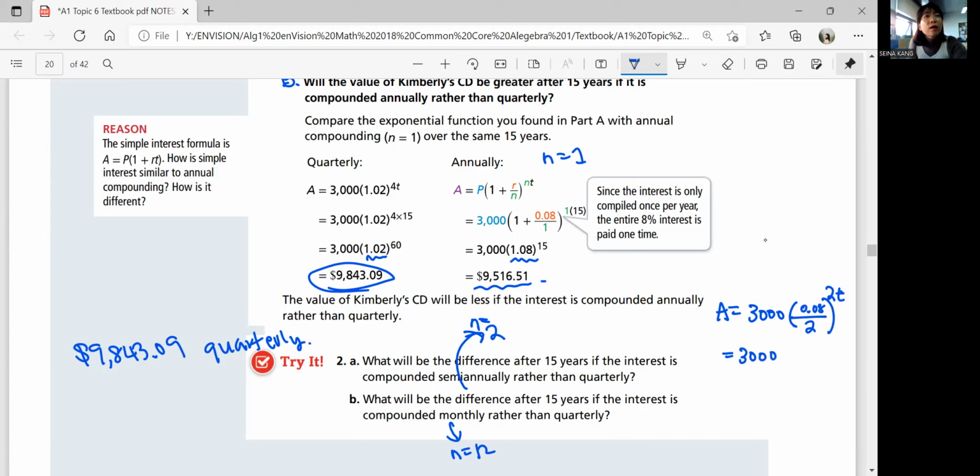So you're going to have 0.04 to the power of 2 times 15, to the power of 30.